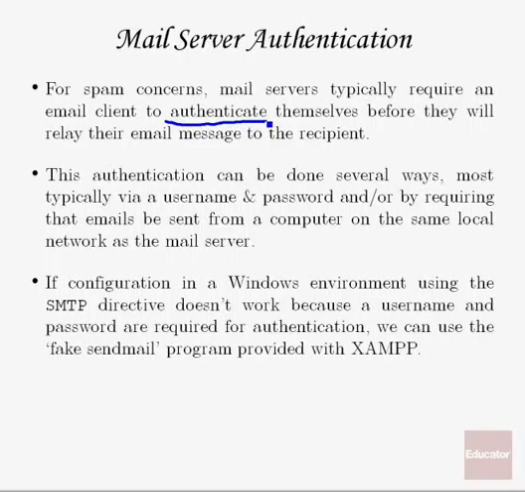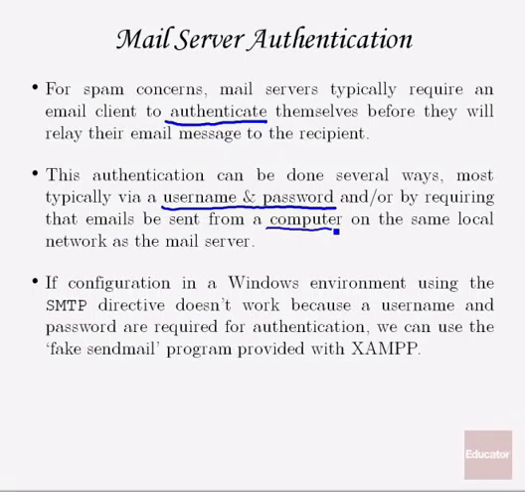It can be done in a couple of different ways. One common thing is to use a username and password that your ISP provider will give you. Another thing that can be used in combination with the username and password, or actually on its own, is that your ISP will require that any email sent using their SMTP server, their local outgoing mail server, originate from a computer that's on the same local network as the mail server.